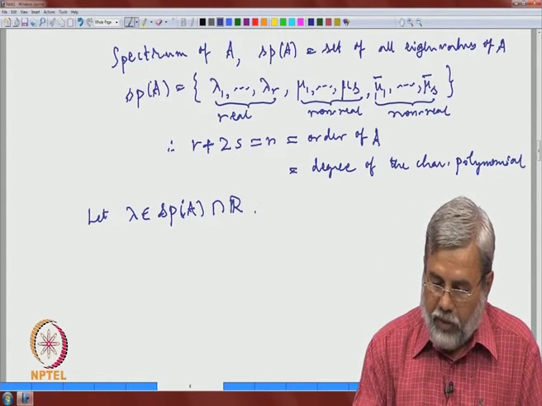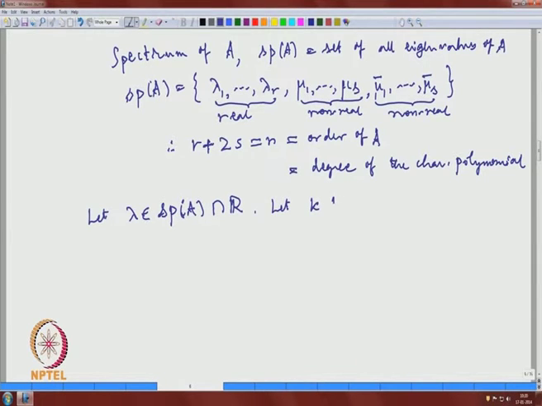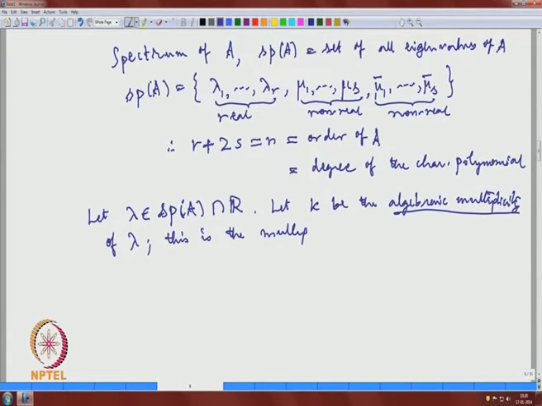Let K be the algebraic multiplicity of lambda. This is the multiplicity of lambda as a root of the characteristic polynomial.